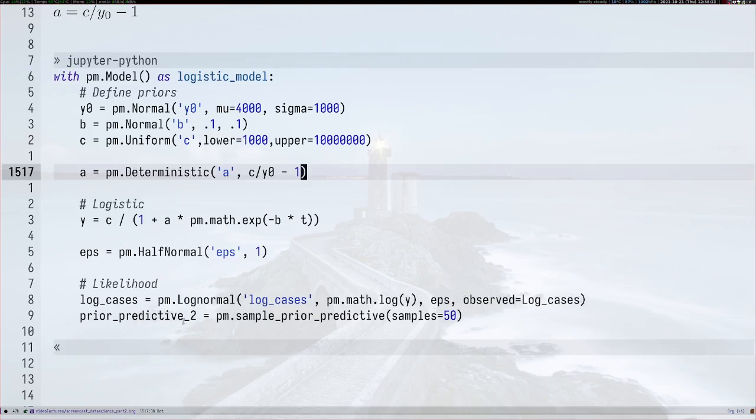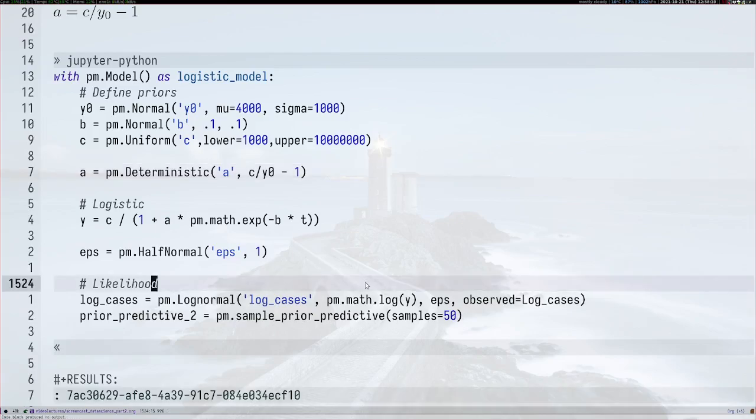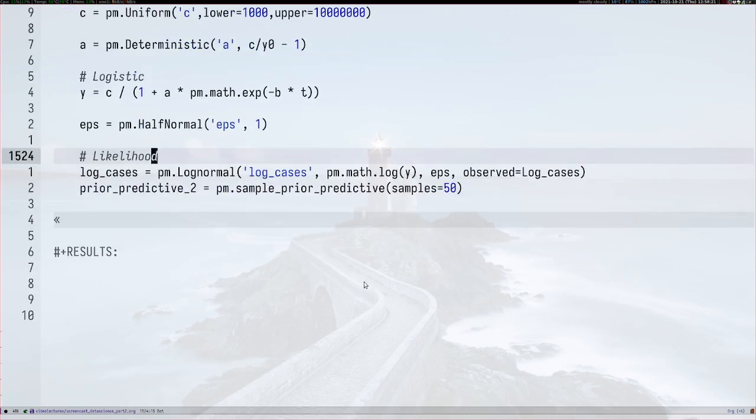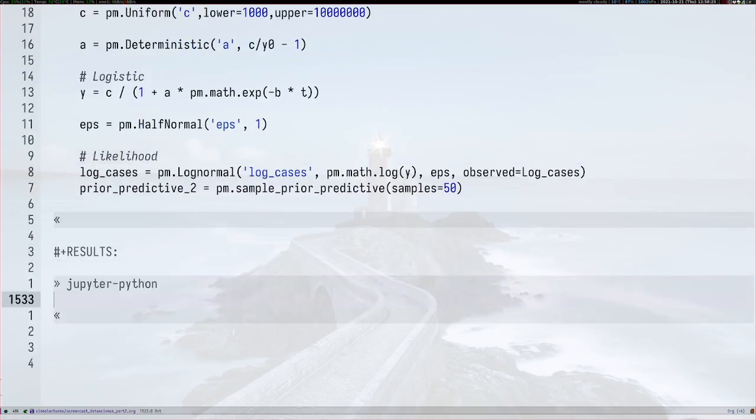And first I'm going to sample from the prior predictive, and I'm going to have 50 samples. So I can run this code to see whether I didn't make any mistakes. Apparently not. So now we can sample from our prior predictive, and in this case I have a few more variables, so I can now say for A, B, and C in, and I'm using zip again.